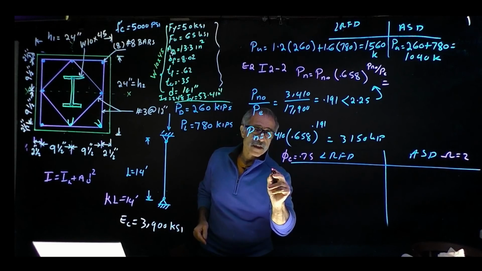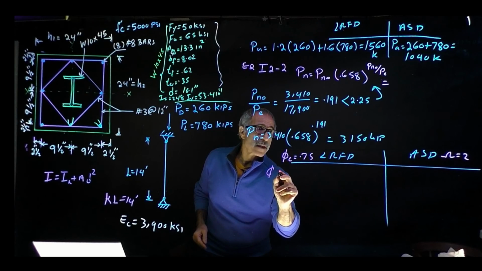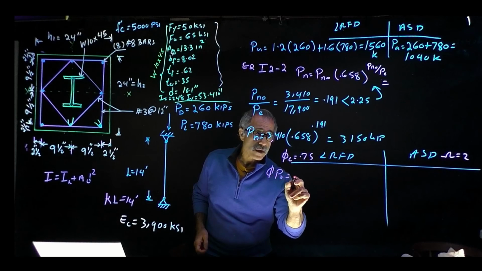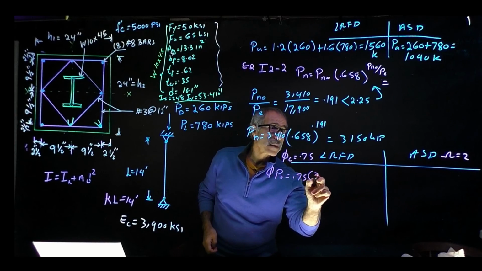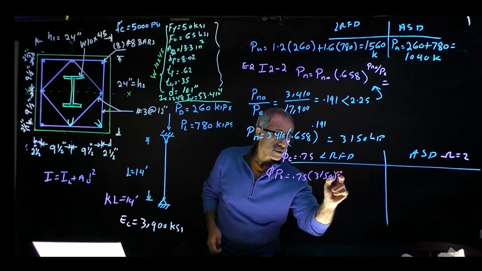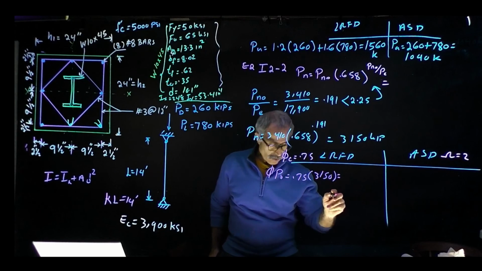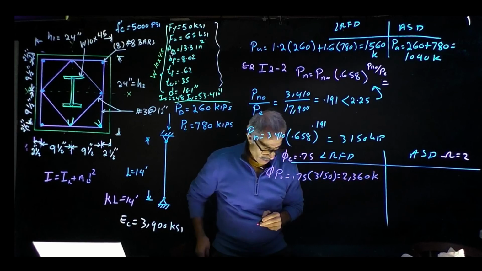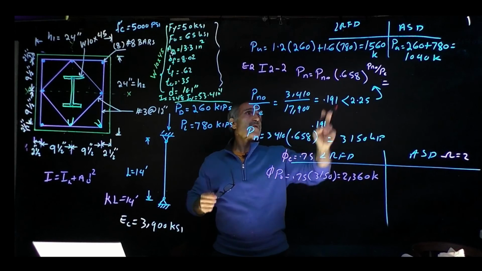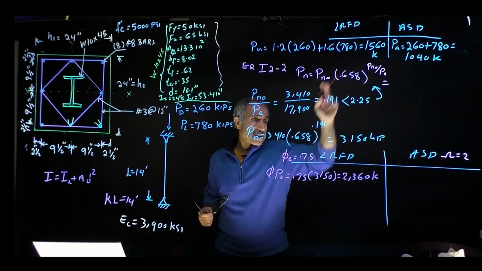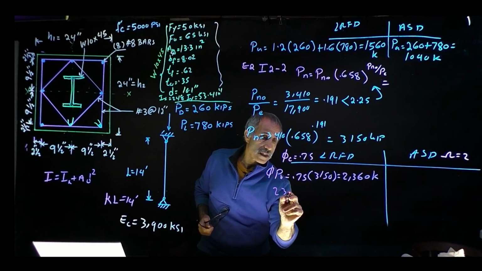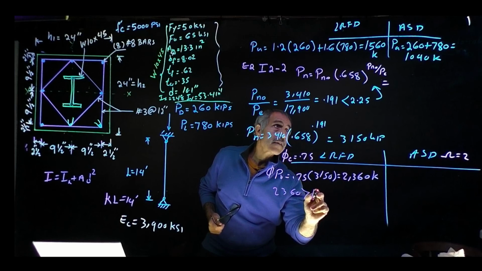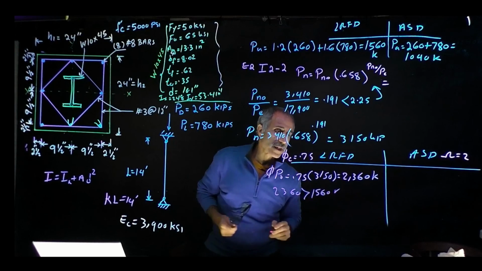Phi times Pn is equal to 0.75 times 3,150, which is equal to 2,360 kip. And remember, our load came out to 1,560 kip. So 2,360 is bigger than 1,560. We check out there.